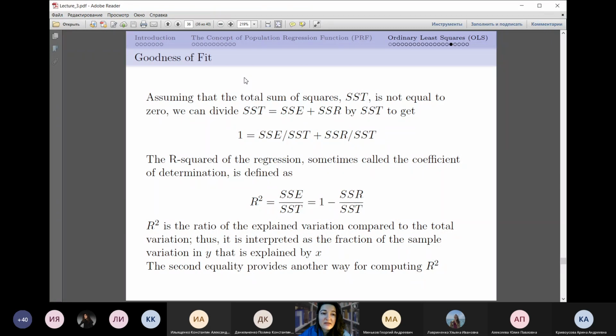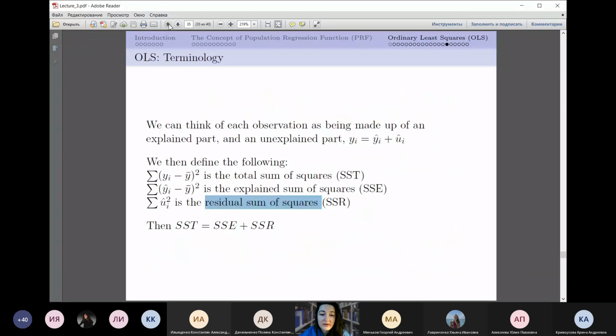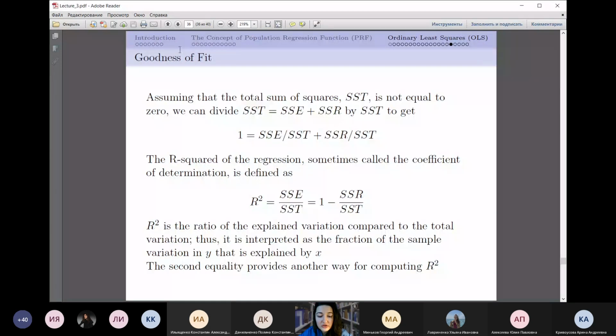And we can obtain the goodness of fit from this formula. If you remember, the total sum of squares equals the explained sum of squares, or the variation in our estimated value of the dependent variable, plus the variation in the residuals. So what does it mean?